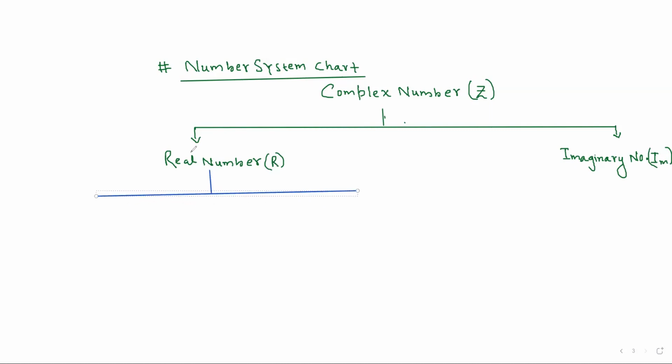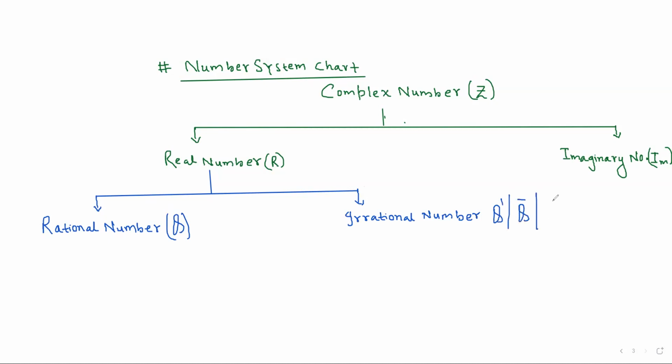First is rational numbers, represented by Q, and another is irrational numbers, represented by Q bar, Q C, where C stands for complementary.